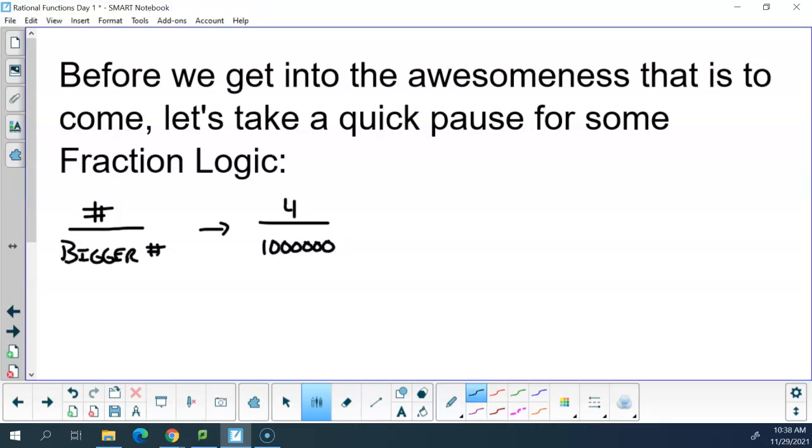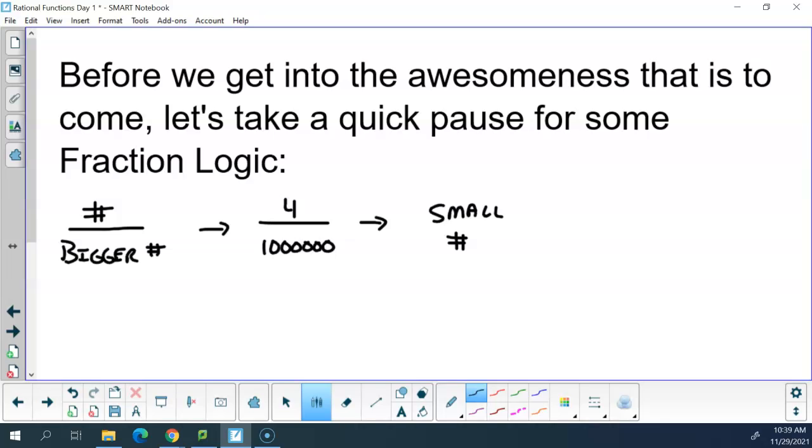Small? Really small, right? Because the bottom is bigger than the top. Now, let's say I make that bottom number even bigger. What's going to happen to my number? It's going to get smaller, right?